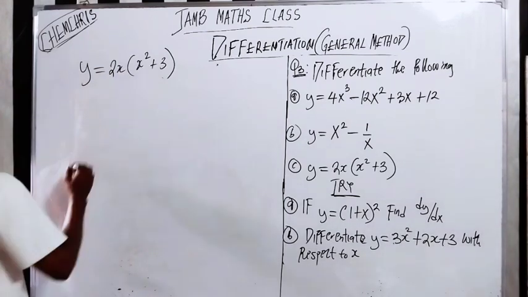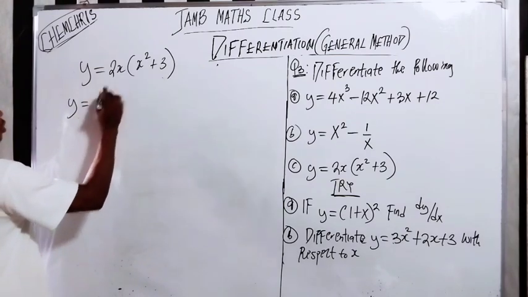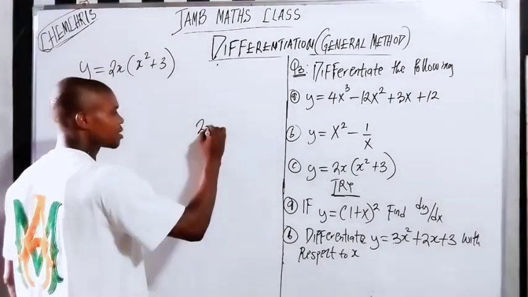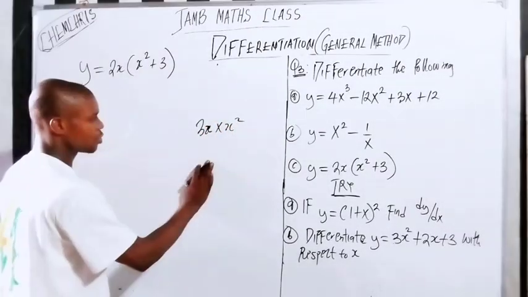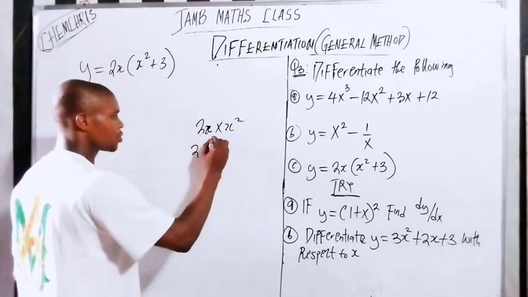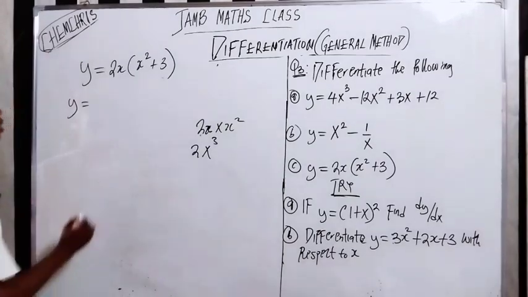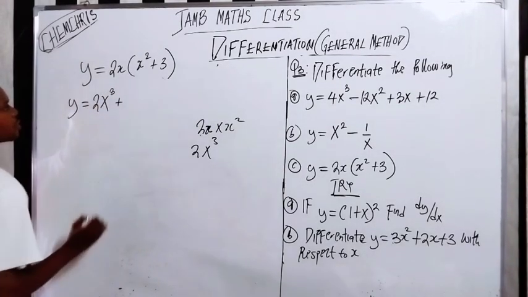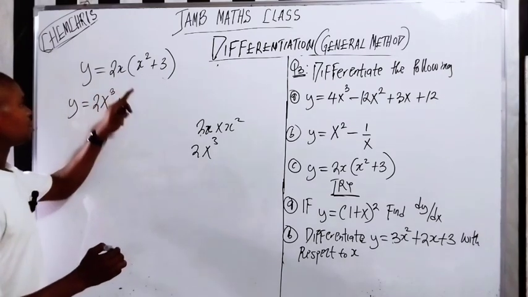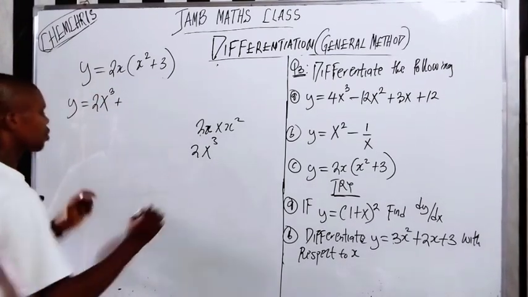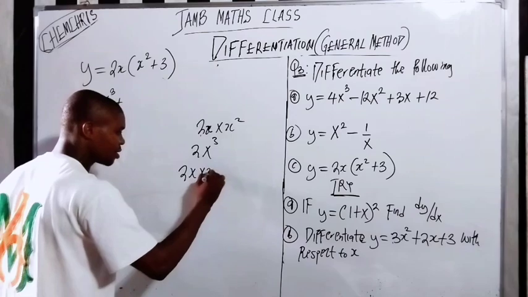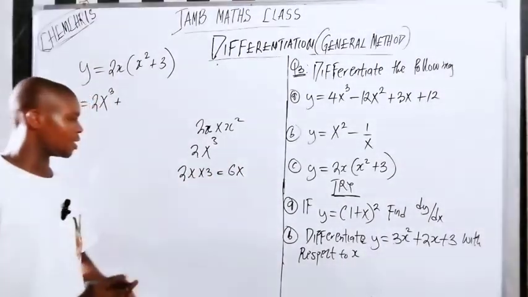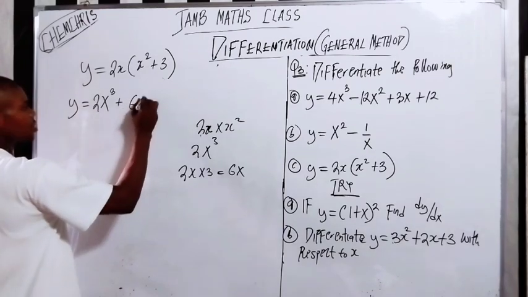So what I'm going to get is y equals 2x times x squared, which is 2x cubed, plus 2x times 3, which is 6x, because 2 times 3 is 6.